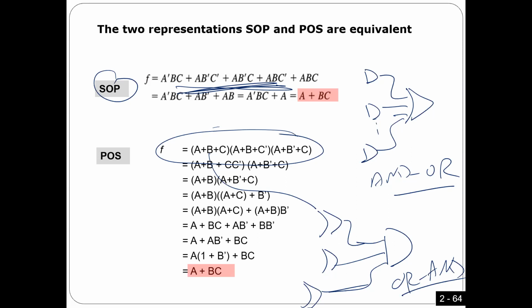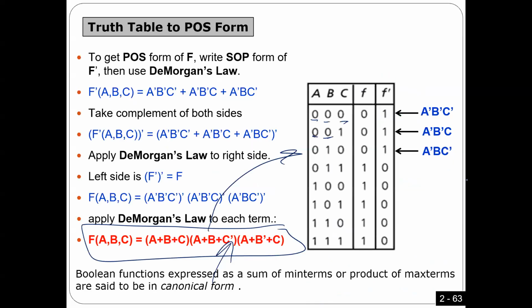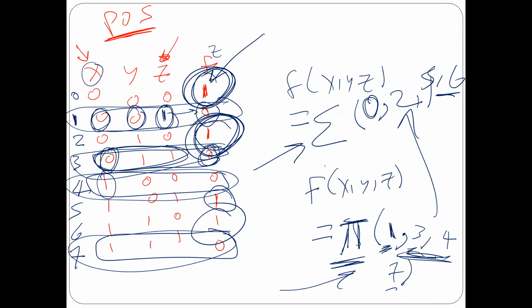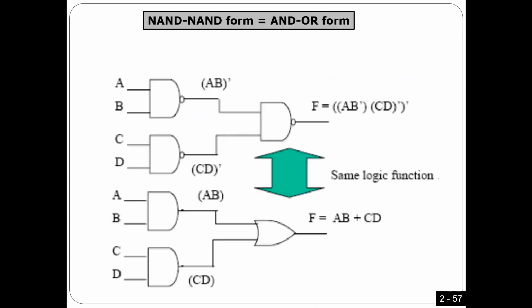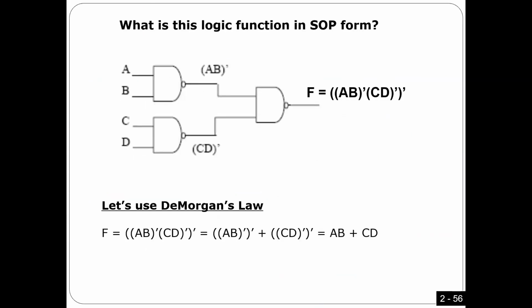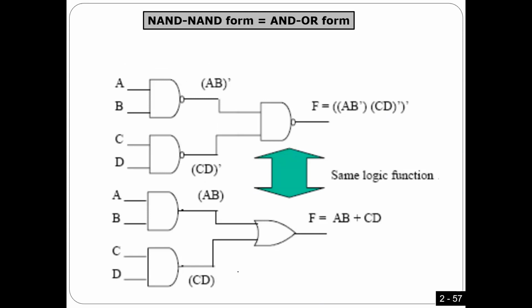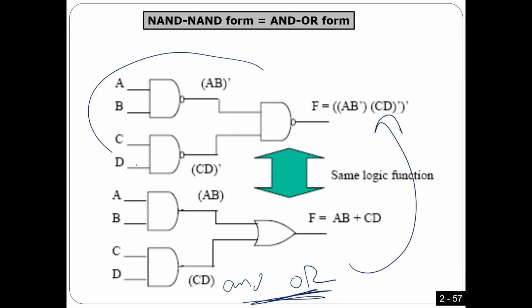There are two reasons to have two formats. The first reason is, as I told you before, if you have AND-OR, let me go back here in the slides. Yes, this is AND-OR. So AND-OR is equivalent to NAND-NAND this way.